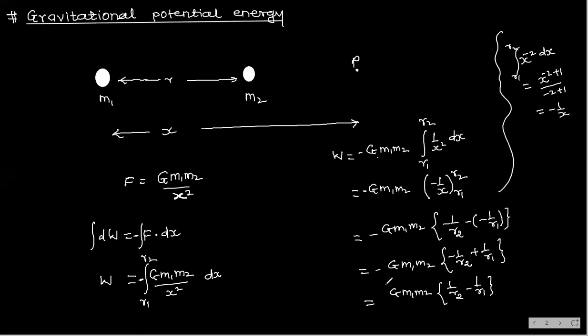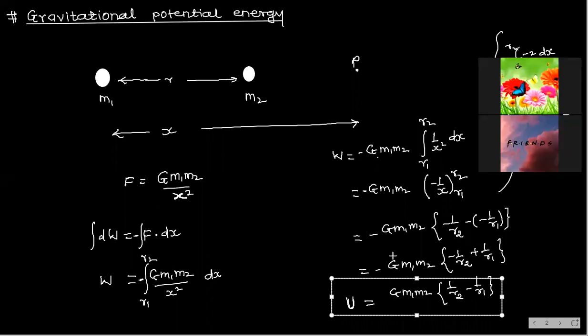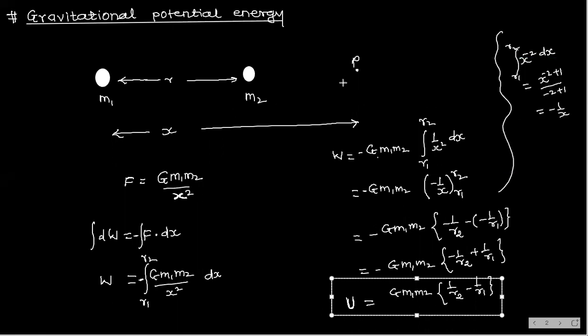This work done is nothing but the gravitational potential energy, and therefore U is equal to G m1 m2 into 1 by r2 minus 1 by r1. Just keep the upper limit and lower limit, that's it.